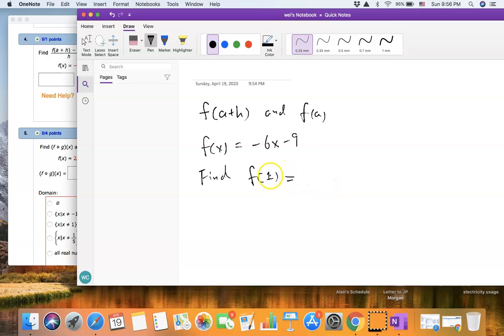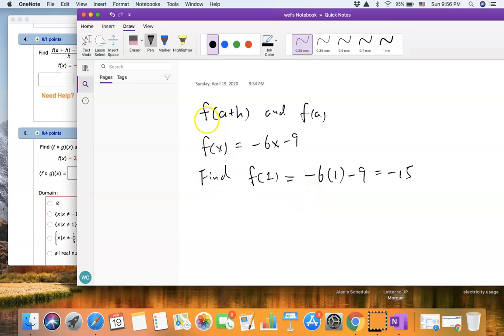We are going to substitute 1 for x in the function. So it will be negative 6 times 1 minus 9. So the answer is negative 15, right?